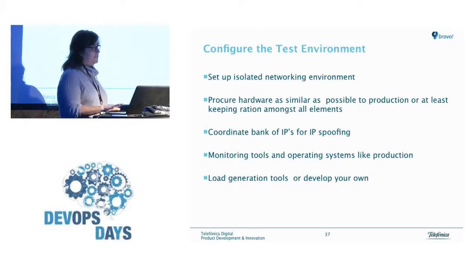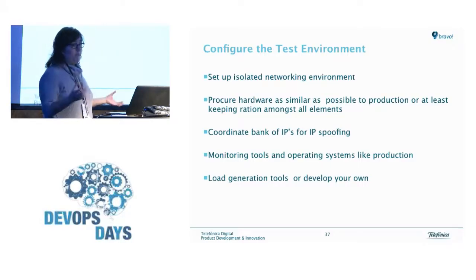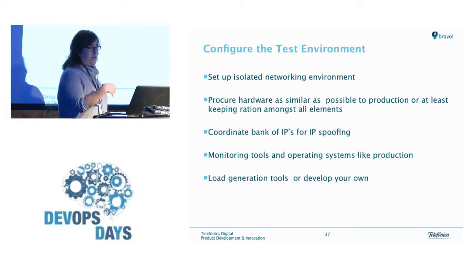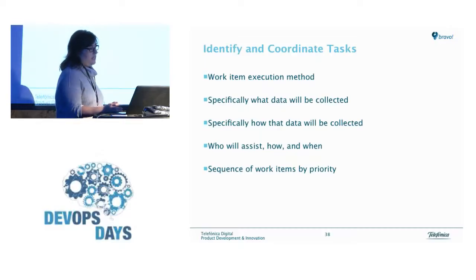Of course, you have to identify and coordinate tasks because it's a team of everyone in the platform, from developers to system administrators. So you have to coordinate those tasks. You have to work together in every case with a person adequate to the job, actually. And you have to specifically talk about what data will be collected.